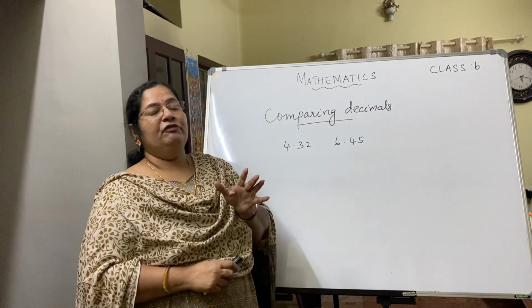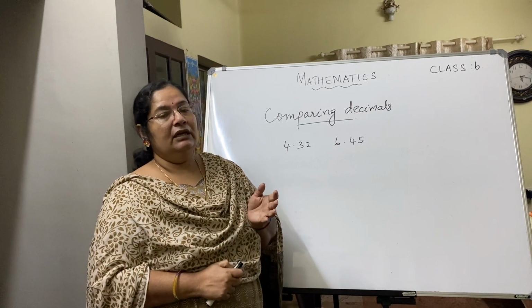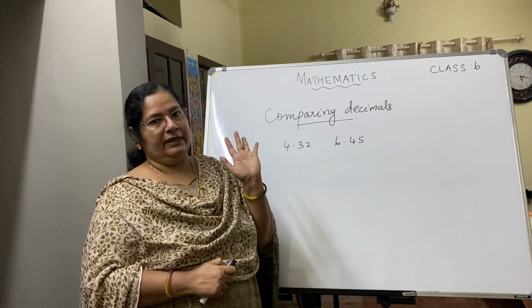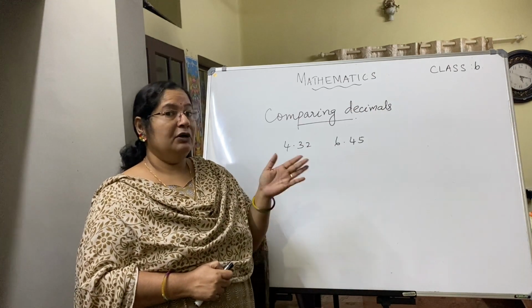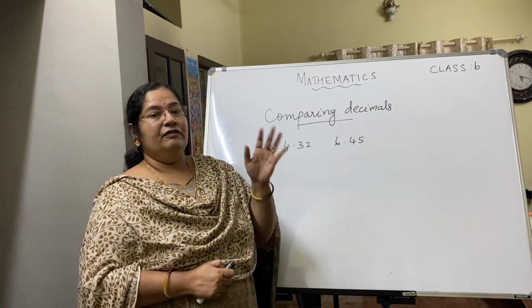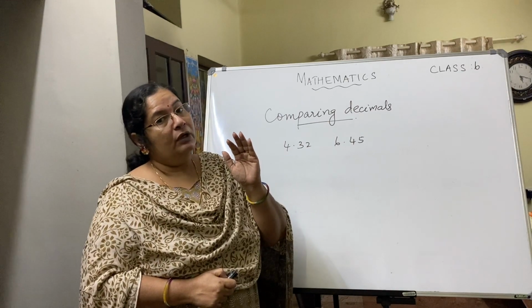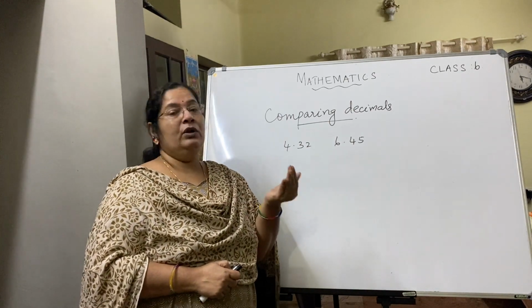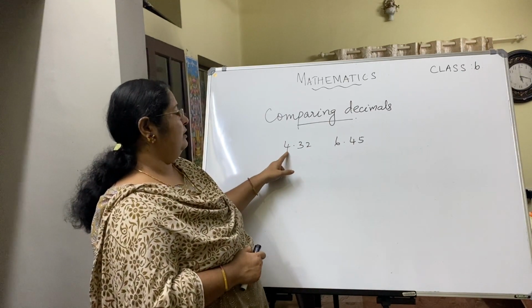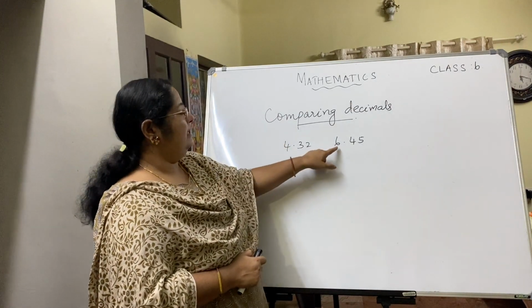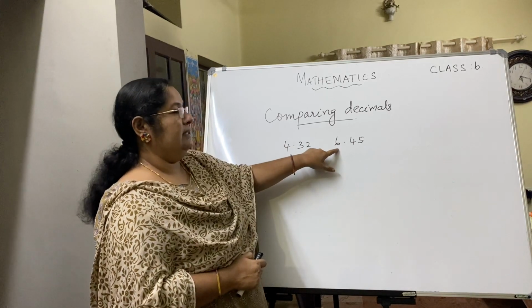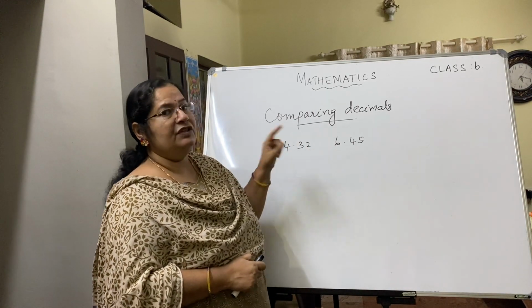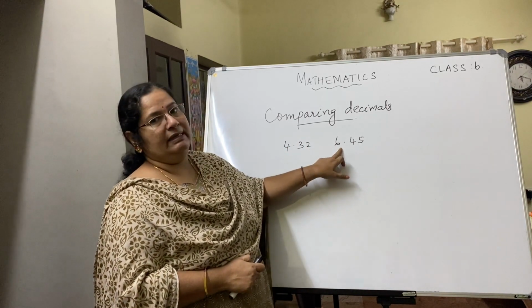The first step for comparing decimals is you look into the whole number part. Even for comparing decimals, you are concerned with the whole number part. Here, what is the whole number part? 4. Here, what is the whole number part? 6. So 4 and 6. Now you compare 4 and 6. Which is greater? 6 is greater.